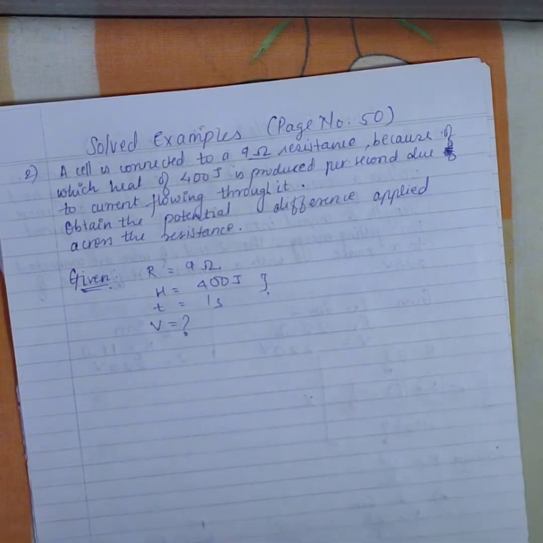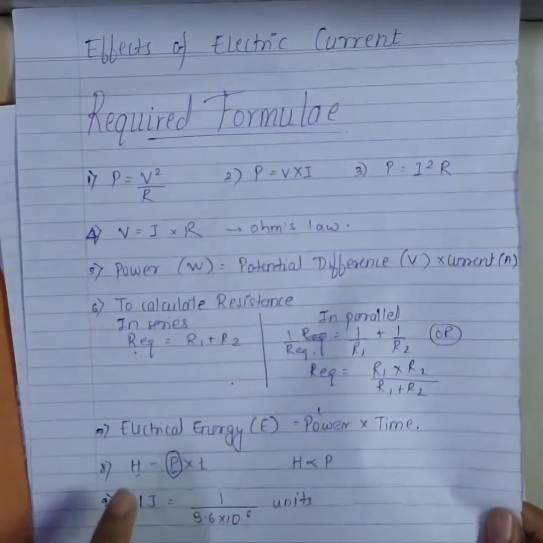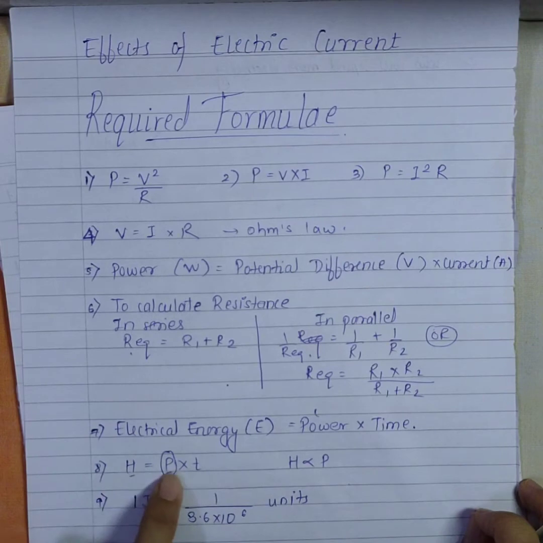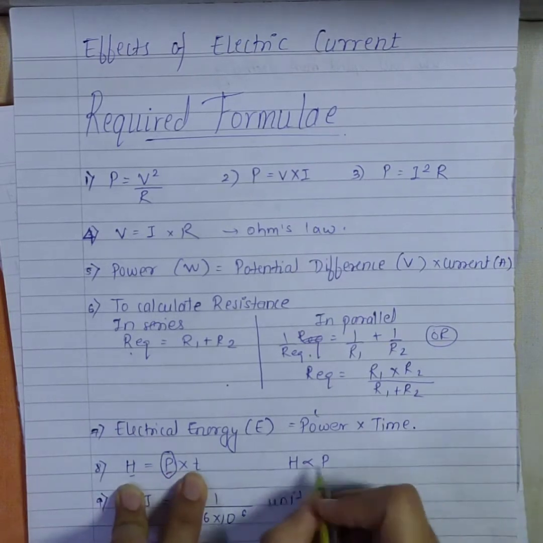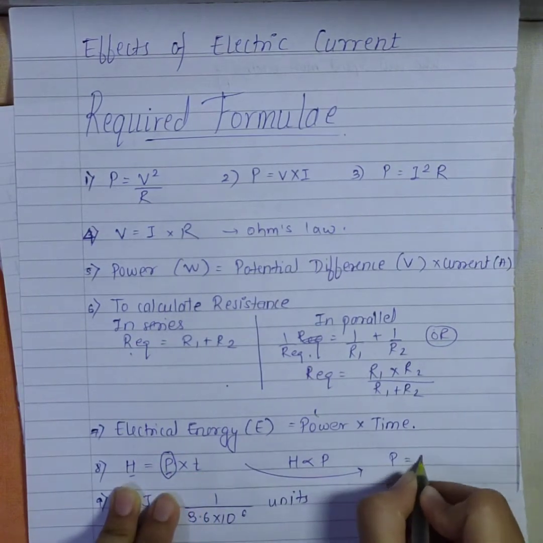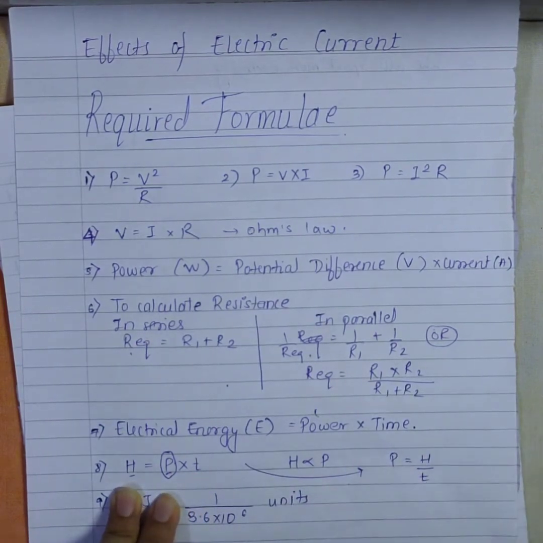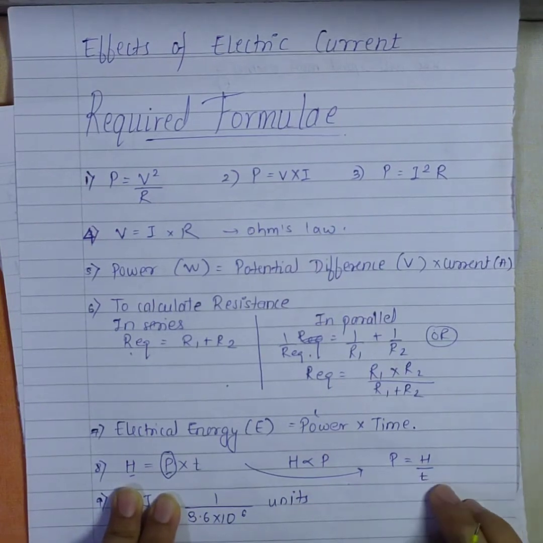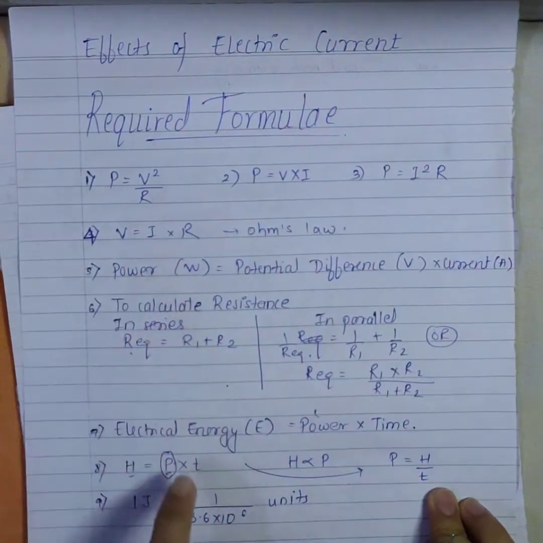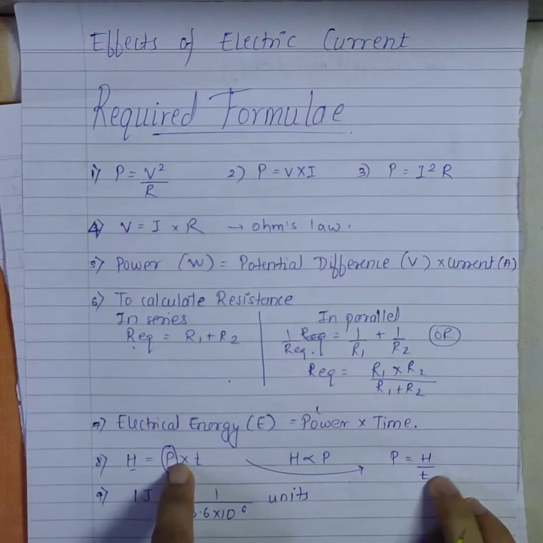We know that the formula for heat is P into T. So can I calculate power using H and T? How? I'll just write it down here. P is equal to H by T. So you got one more formula to calculate power. This was one, this was one, this one, this is one, and the fifth one is this now.